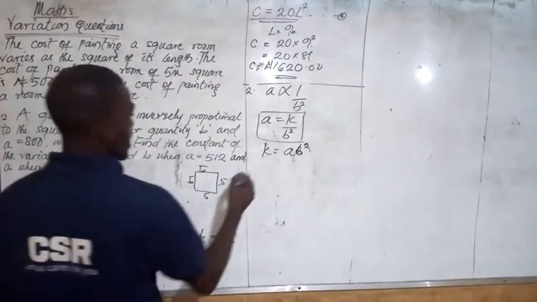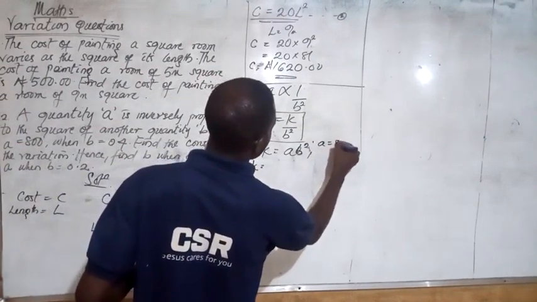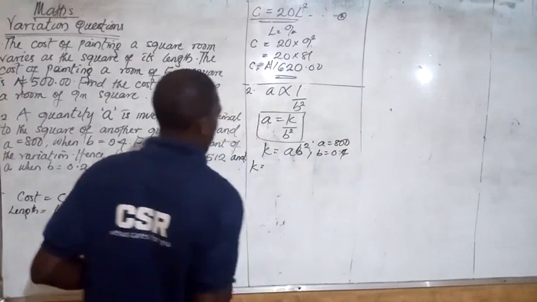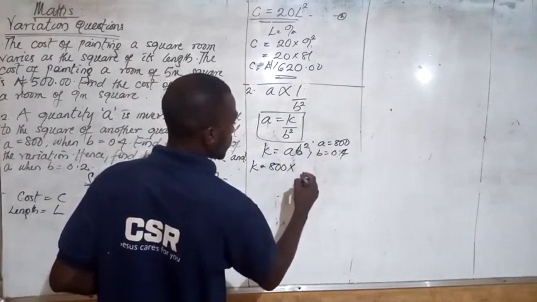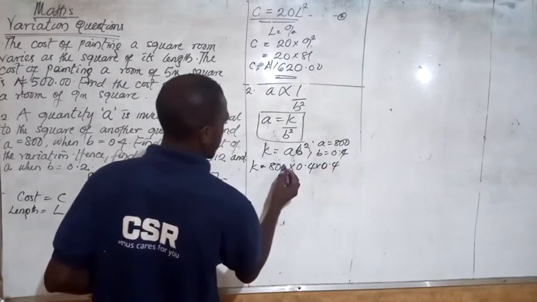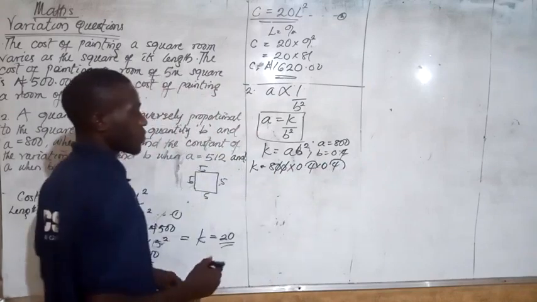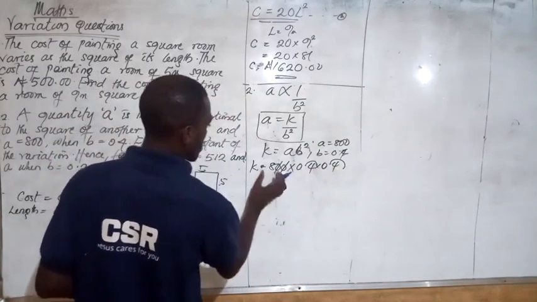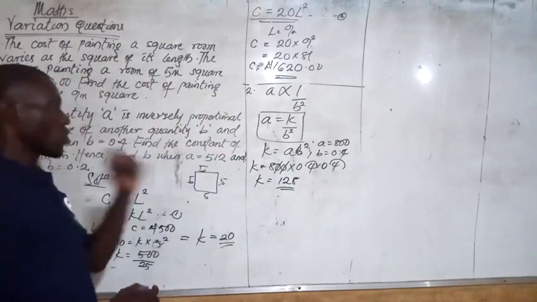Since A is given to be 800 and B is given to be 0.4, we have K equals 800 times B squared, that is 0.4 times 0.4. 4 times 4 is 16, 16 times 8. So you have K equal to 128. So our constant is 128.